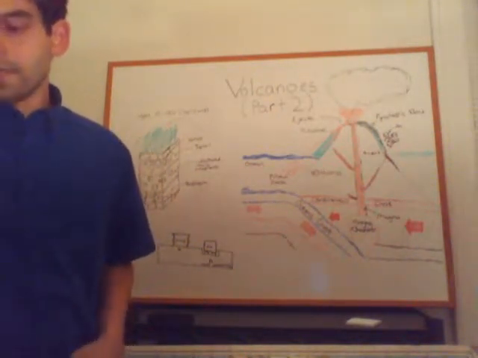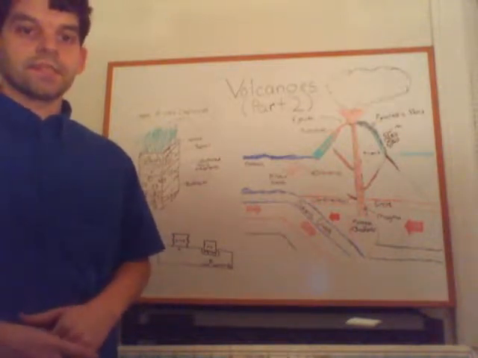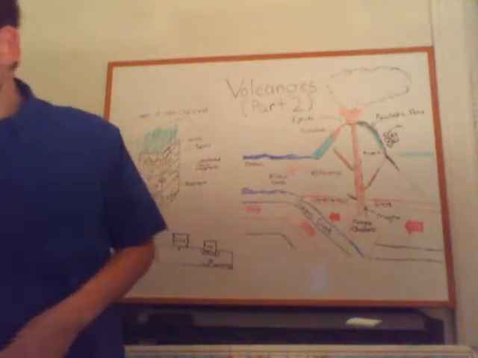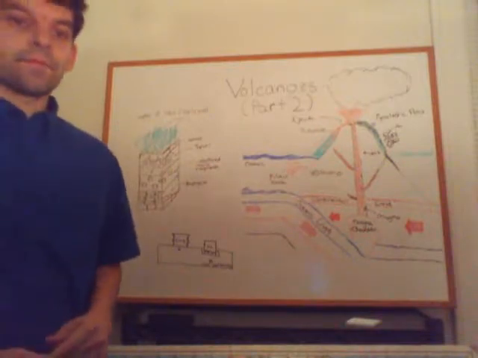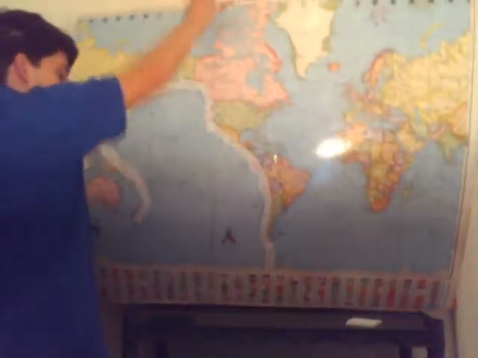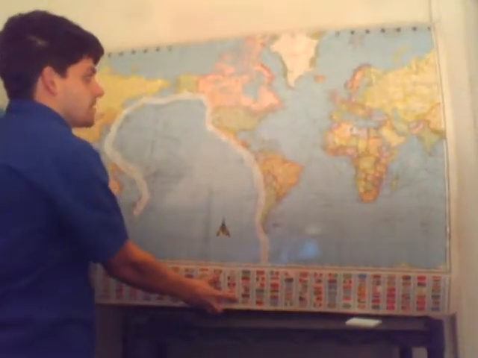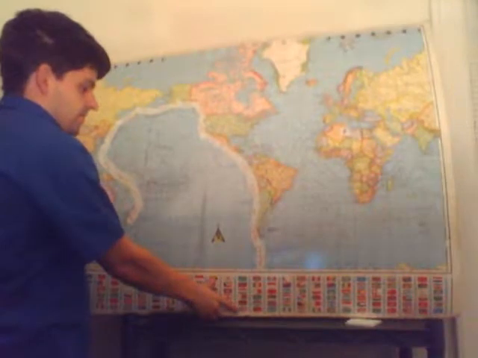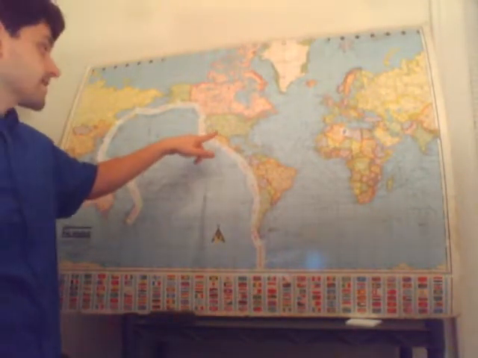Next thing I want to point out is SAFOD, which is the San Andreas Fault Observatory at Depth. Now, to facilitate with this visual, I want to show you guys a map, and I want to show you where the San Andreas Fault Observatory is. It is located in California, okay?